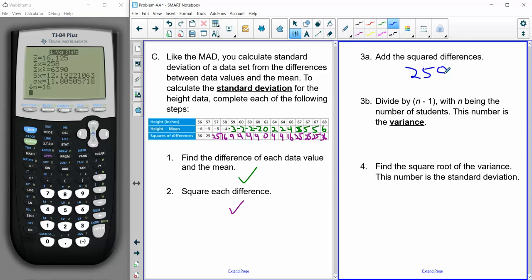Again, I could have just taken a normal calculator. I know I'm making this more tough. 36 plus 25 plus 25 plus 16 plus. Kind of pointless to do a shortcut when you end up doing things the long way anyway.